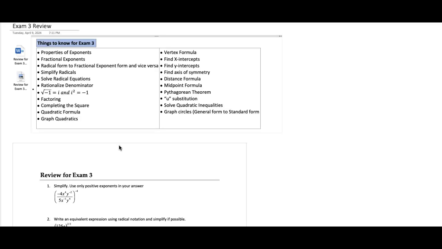I'm trying to remember how many there are for sure, but just around 20 questions, and you have 2 hours to take the exam. And just like always, you can use a scientific calculator on it, but make sure that you're always showing work too, because that's how I give partial credit. So it's important to be doing that. Okay. Any questions that you guys have just about the exam that I didn't cover or that you need more clarification on?